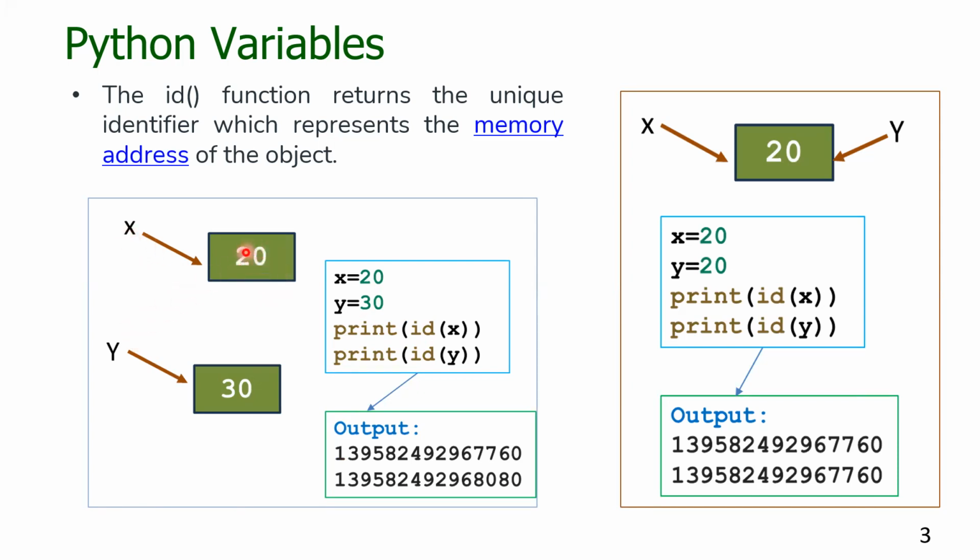The memory location where 20 is being stored is labeled as x, and the memory location where 30 is being stored is labeled as y. That is why there are two different memory locations. If you look at the next diagram, here both the values of x and y are assigned with the same value, that is 20. That means here there is only one memory location that is shared by both x and y. That is why the output is giving the same memory location.